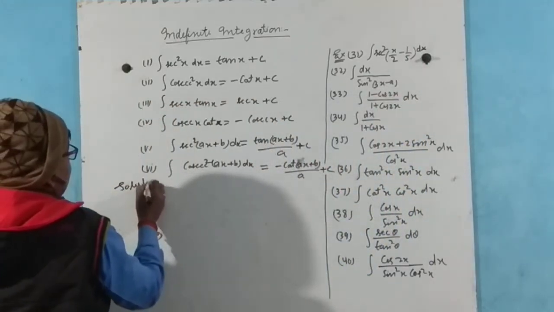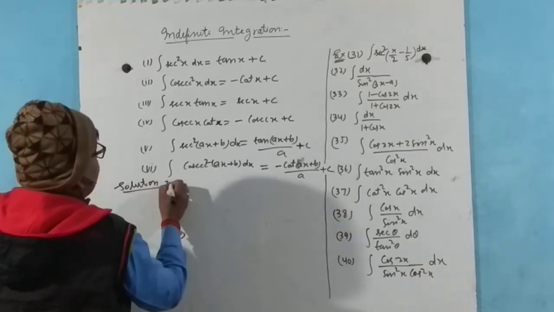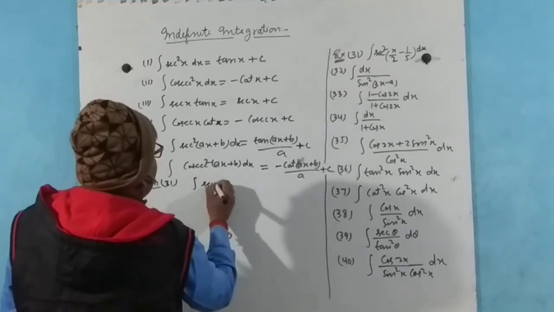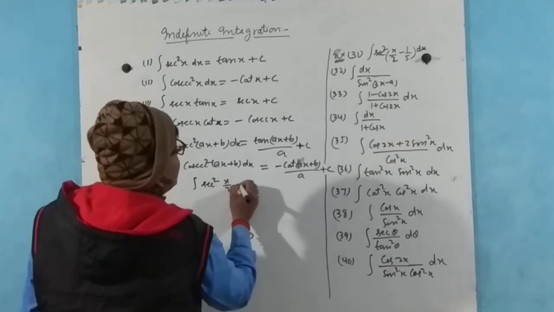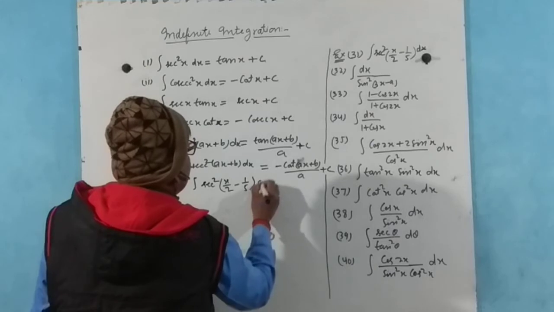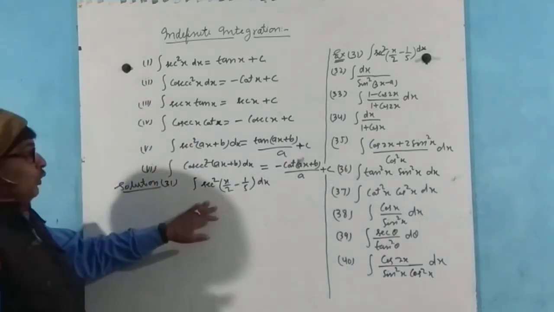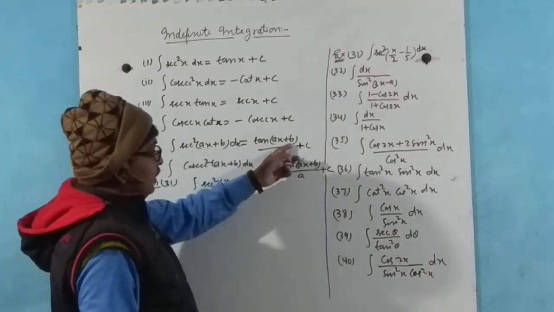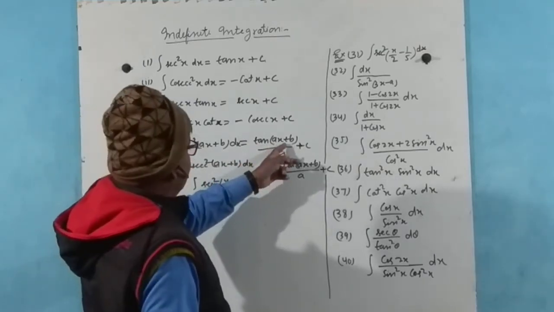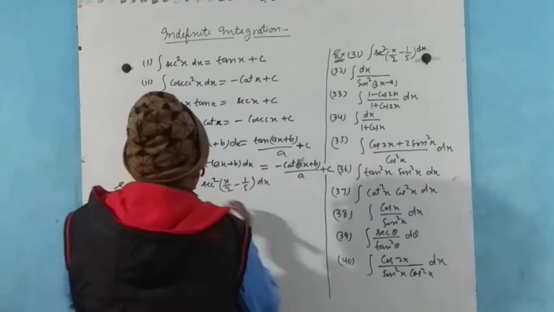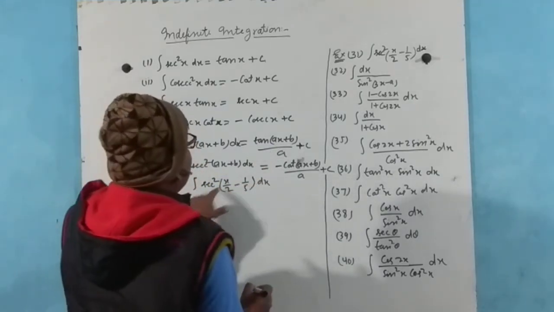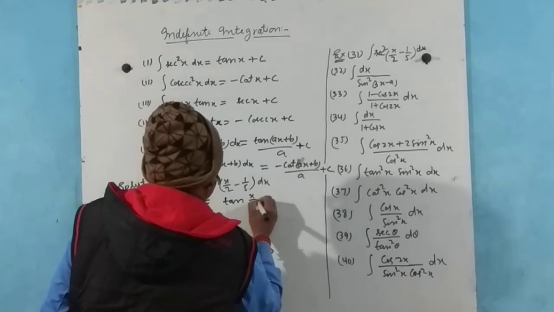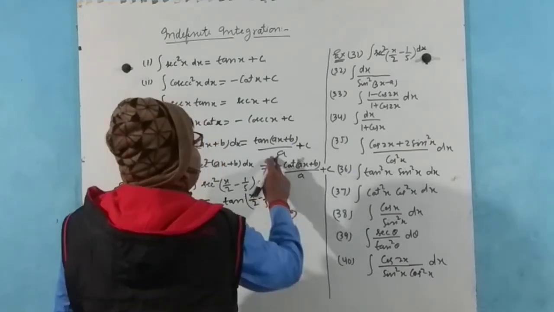Solution: we know that integration of sec square (ax plus b) dx equals tan(ax plus b) divided by a.